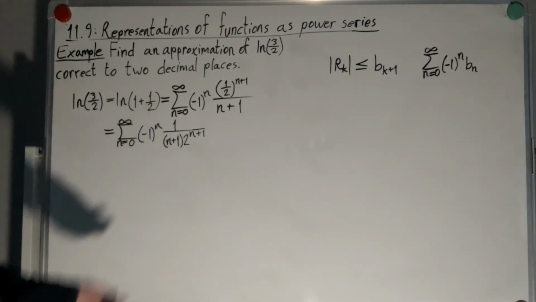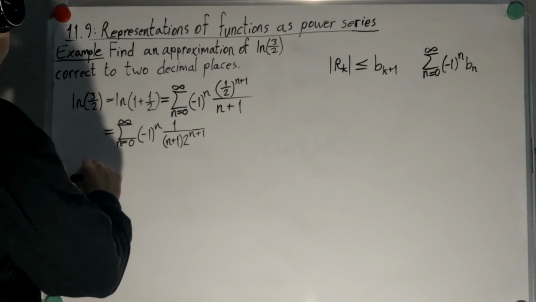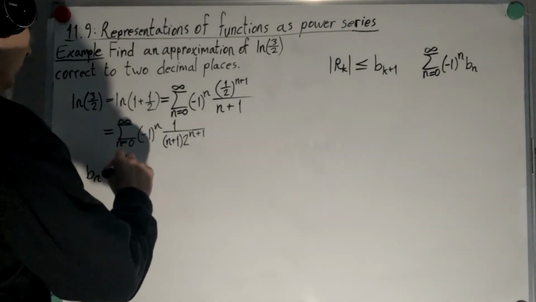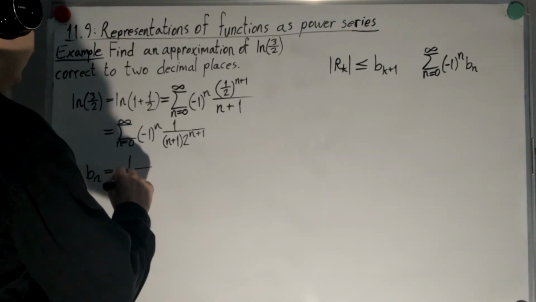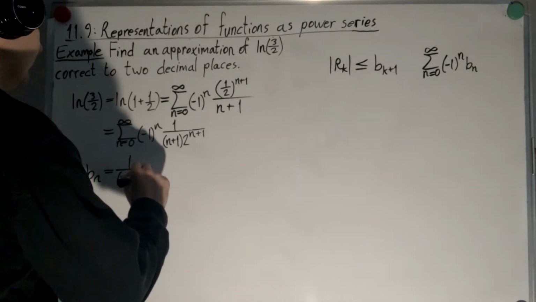So in this case, our b_n would be 1 over n plus 1 times 2 to the n plus 1.